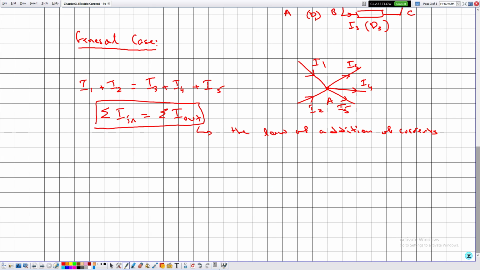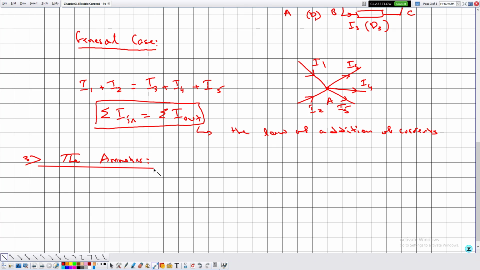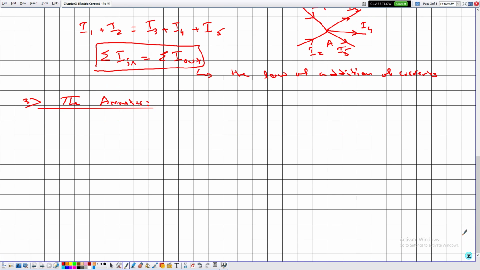Now let me move to the next section, which is reading the current using an ammeter. Section number 3, the ammeter. Let me give the symbol of the ammeter.